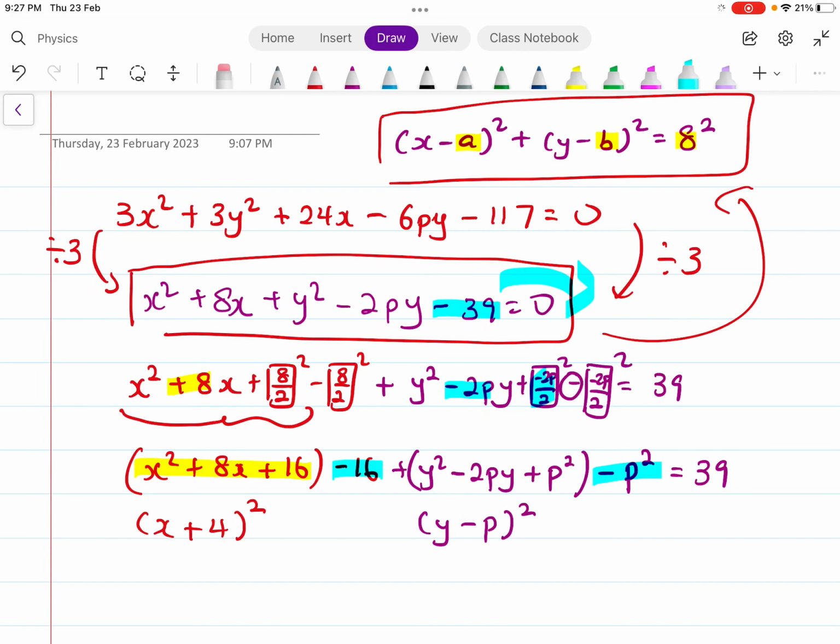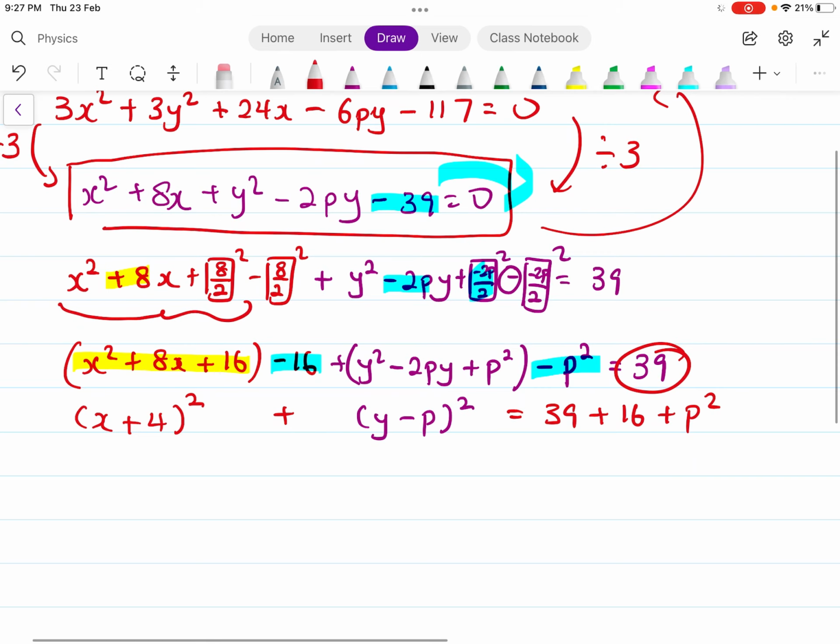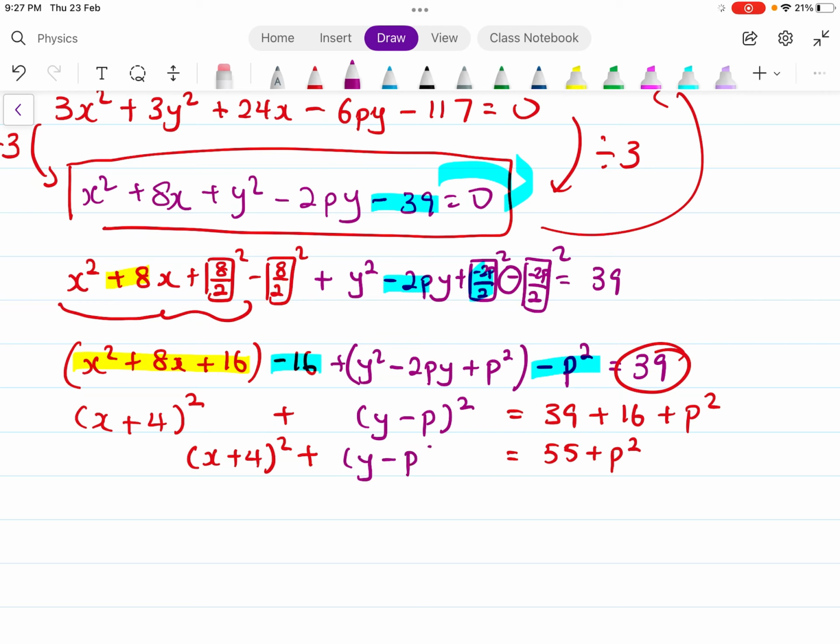These two things you move to the right hand side, so you get equal to 39 plus 16 plus p squared. This is the form that I want: (x plus 4) squared plus (y minus p) squared equal to 39 plus 16 plus p squared. 39 plus 16 is 55, so it's 55 plus p squared.